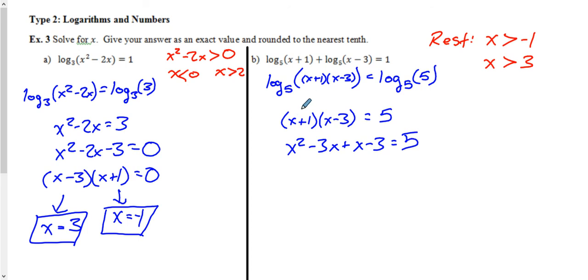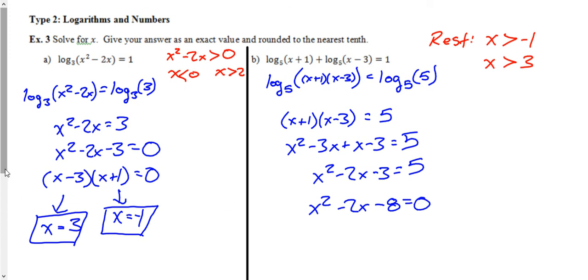So I just did x times -3, 1 times x, and 1 times -3. Combining like terms, I have x squared minus 2x minus 3 on the left, equal to 5 still. Moving this 5 over, I have x squared minus 2x minus 8 equals 0.